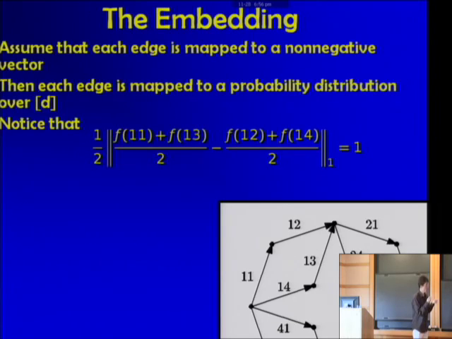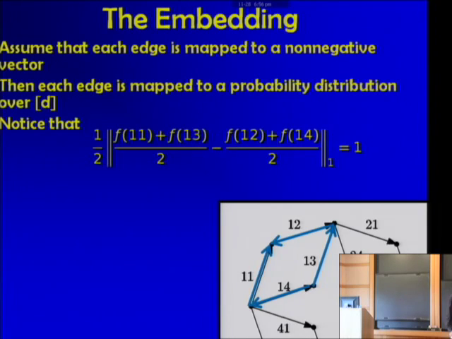And I claim that this L1 norm is 1, and to see why, you have to observe this. This is f of 1,1, this vector here. F of 1,3 is this vector here. F of 1,2 is going backwards from right to left, this vector here. And minus f of 1,4 also goes backwards from right to left.